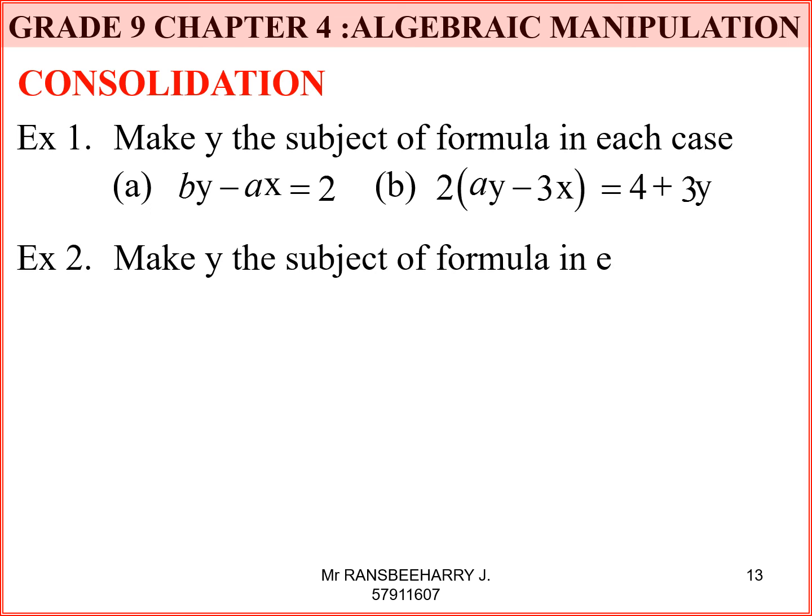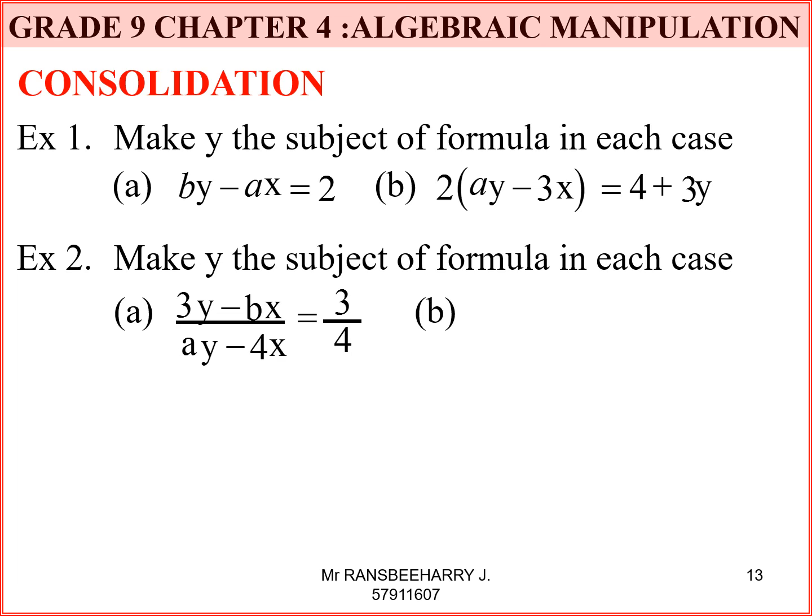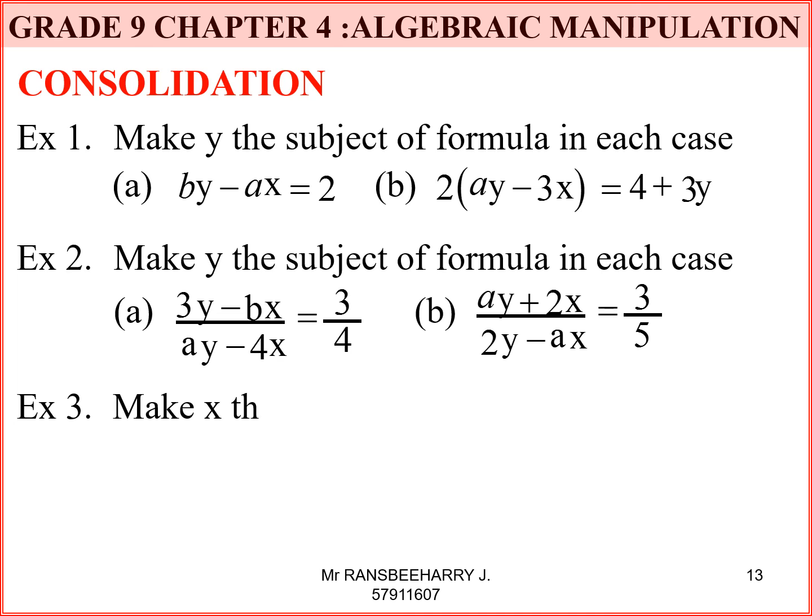Make y the subject of formula in each case. Part A, 3y minus bx over ay minus 4x is equal to 3/4. Part B, ay plus 2x over 2y minus ax is equal to 3 over 5.